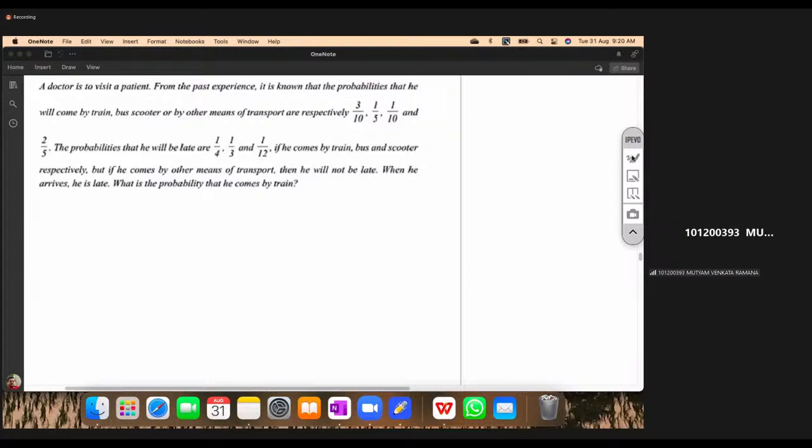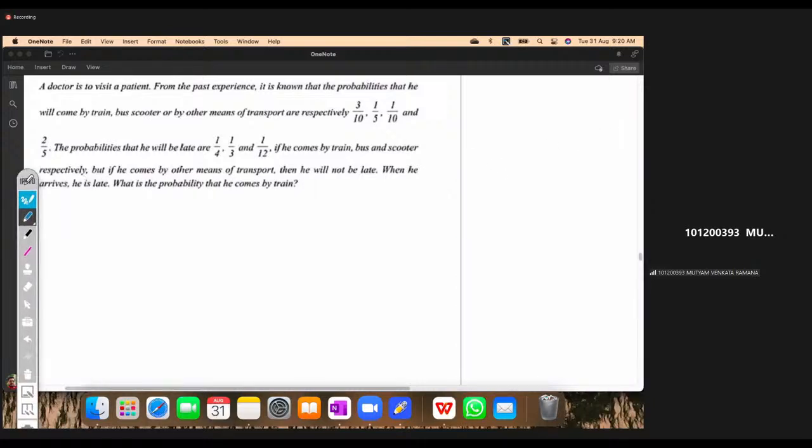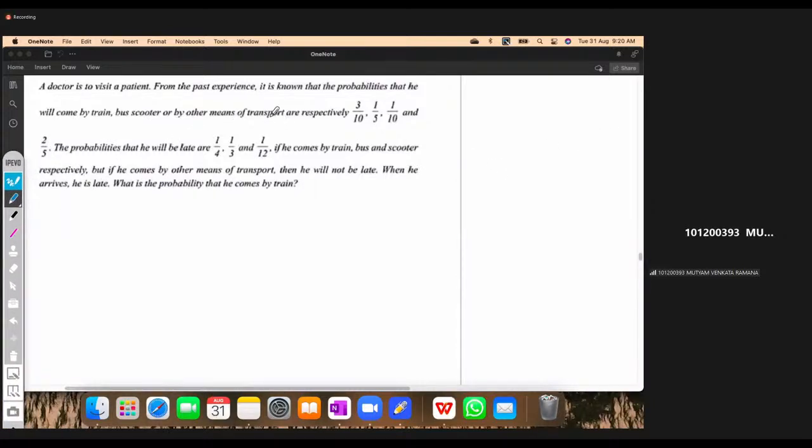A doctor visiting a patient, from past experience, is known to come by train with probability 3 out of 10, by scooter 1 out of 5, and by other means of transport, maybe a bus or something, 1 out of 10.